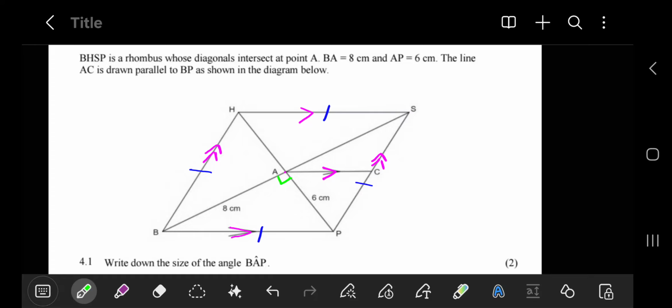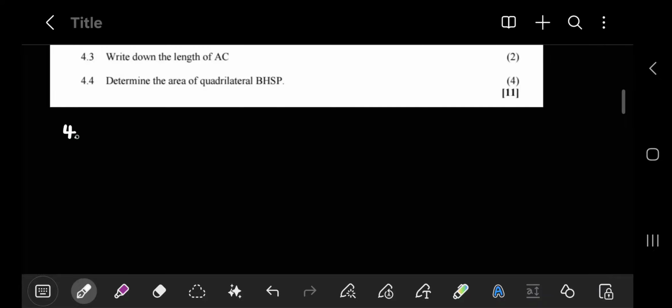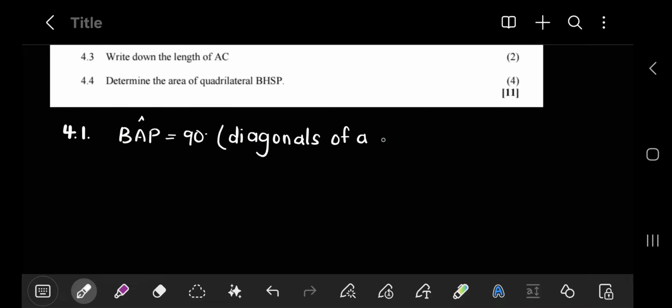Let's write that down. And our reason is diagonals of a rhombus bisect at 90 degrees.